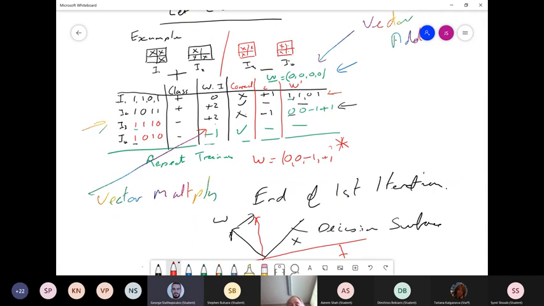It's minus 1. That's the latest weight vector. No, I mean for the last weight vector, it's not minus 1, plus 1. How did we get that plus 1? Right. We changed the weight vector after I2. No, I3. Yes.